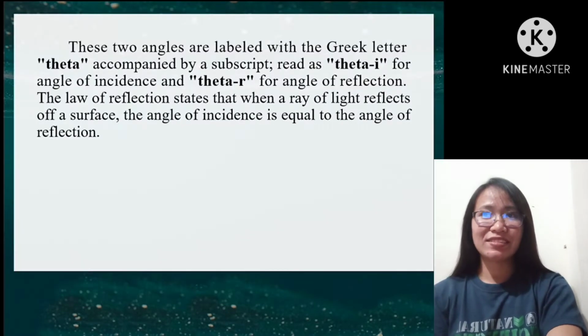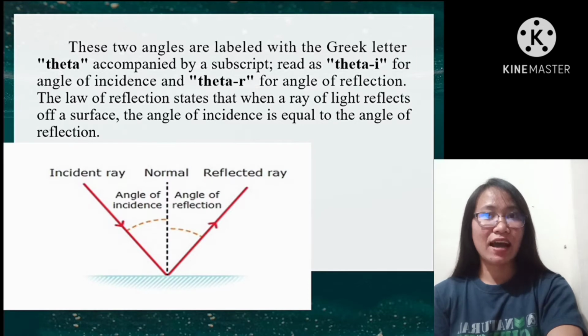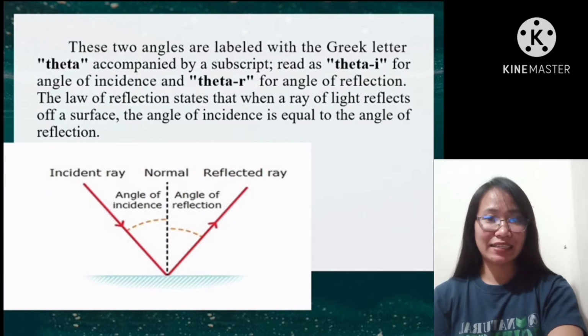These two angles are labeled with the Greek letter theta, accompanied by a subscript, read as theta I for the angle of incidence and theta R for the angle of reflection. The law of reflection states that when a ray of light reflects off a surface, the angle of incidence is equal to the angle of reflection.